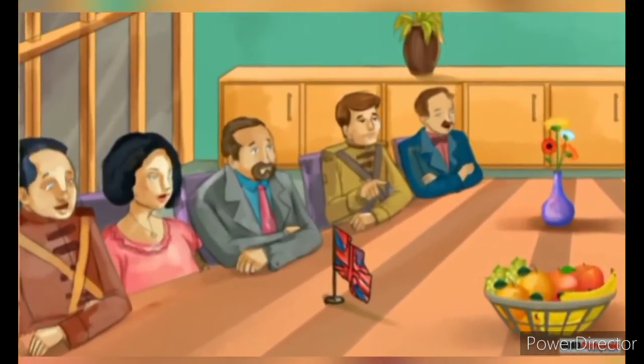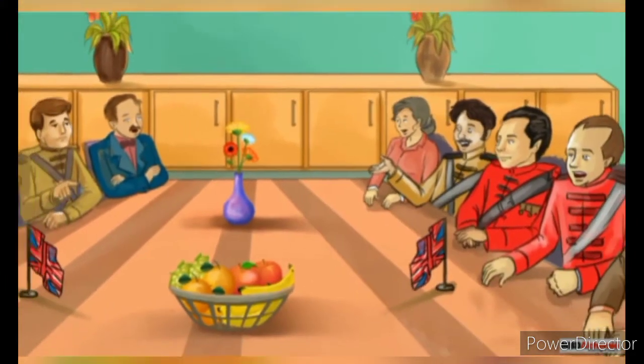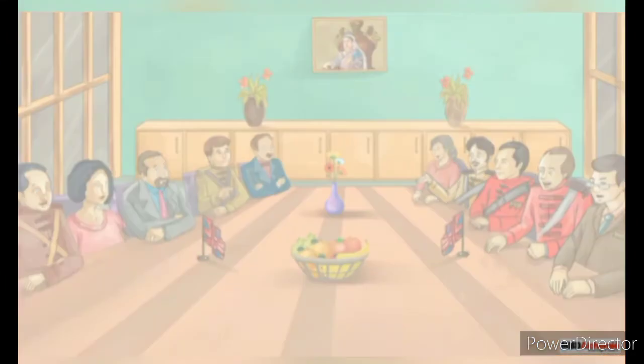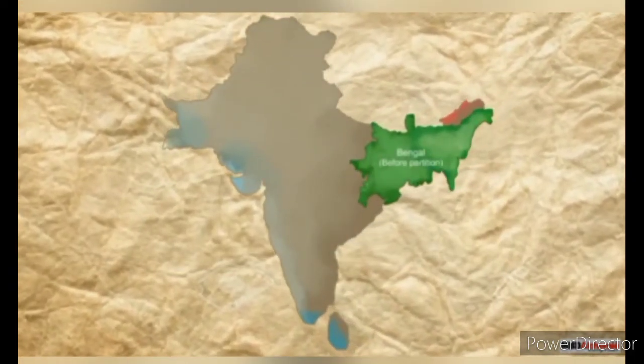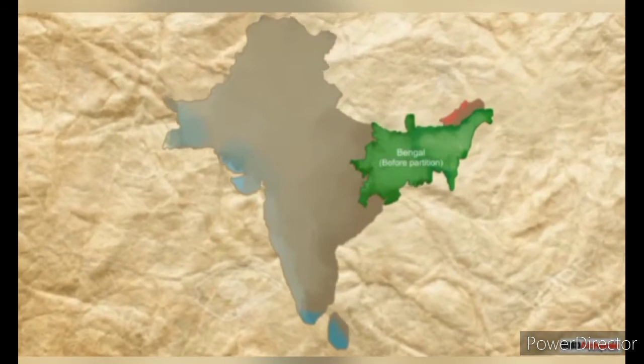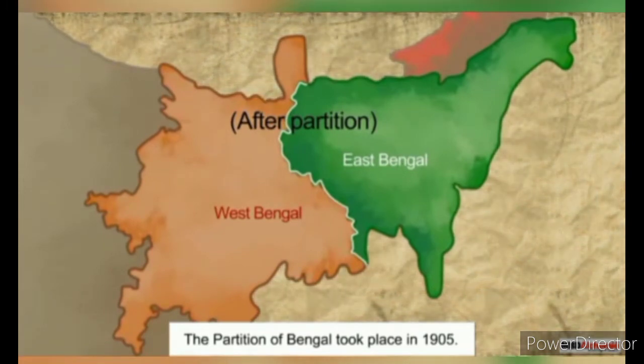The British were afraid of the growing demands of Indian National Congress for Indian freedom. To counter the rising Indian patriotism, in 1905, the British announced the partition of the Bengal province.